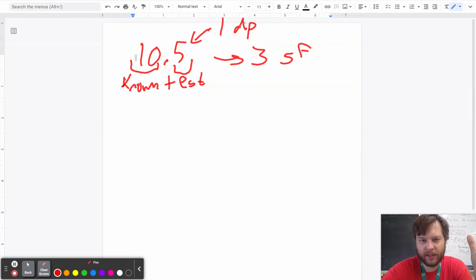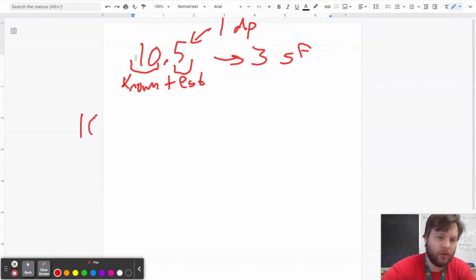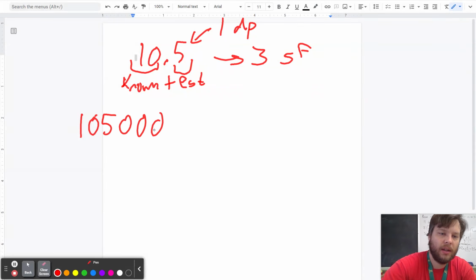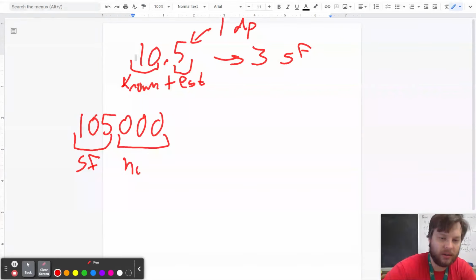There's a couple tricky things about significant figures, and that has to do with the number 0. Anytime a number is not 0, it definitely counts as a significant figure. But there's 3 different situations where zeros can happen. Here's one situation. If you have a whole number with zeros at the end, these are significant figures, these are not.